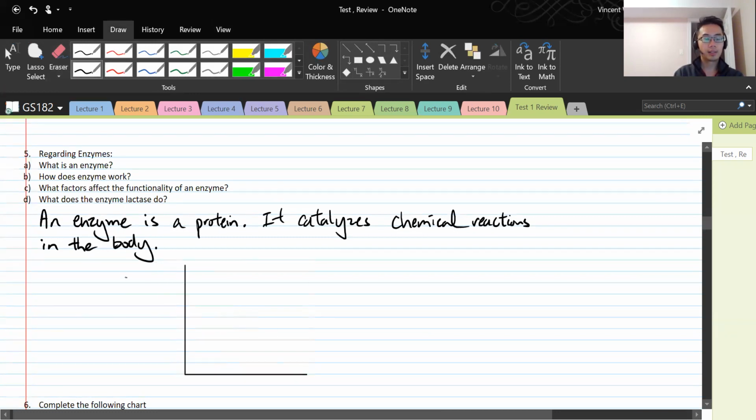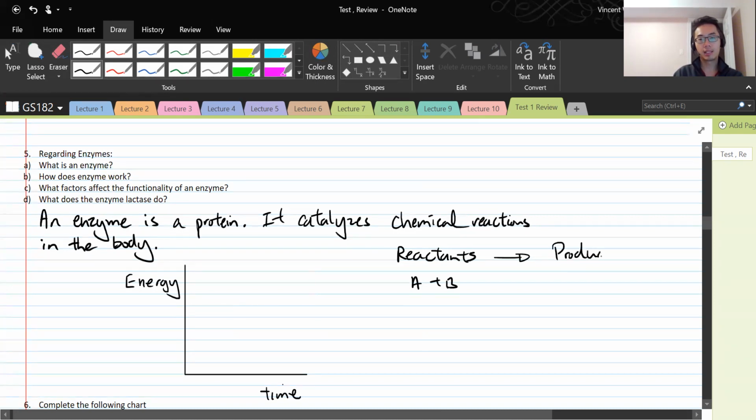Now, this was discussed in the lecture. This is energy and this is time. So you should know by now, in the chemical reaction, there is some reactant. So let's say A plus B, which will become products, right? So let's say C plus D, and then you will need to have the enzyme, right?